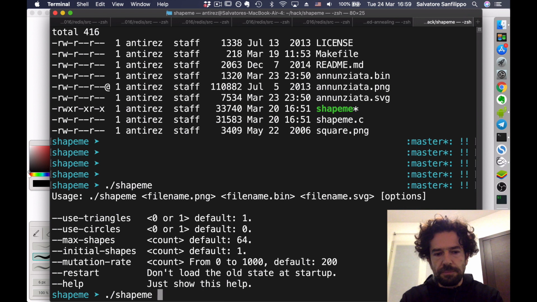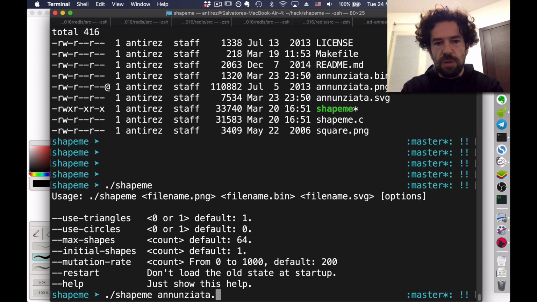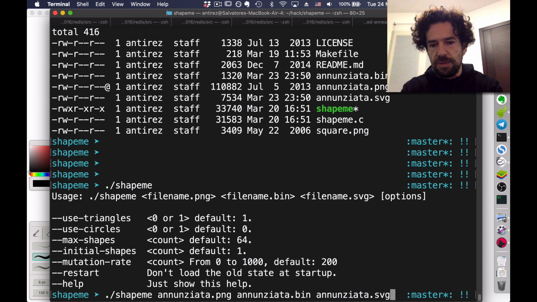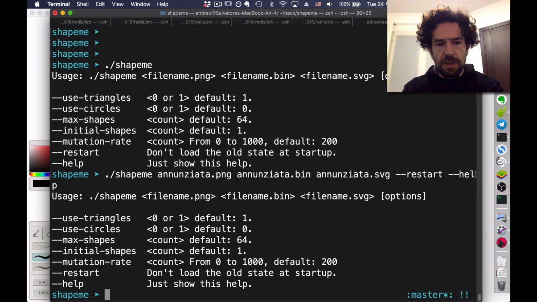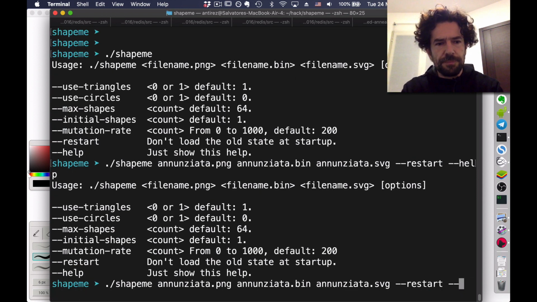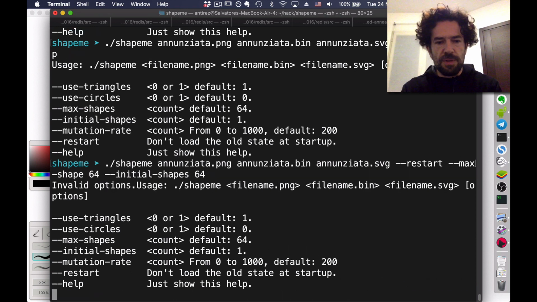So I want to evolve this. This is the binary file, and then there is also an SVG output. And I want to do it with max shapes 64 triangles, maybe, initial shapes, and start with 64 triangles.